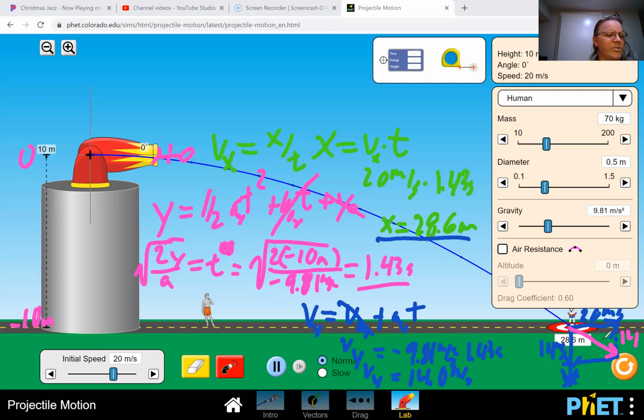All right, so the magnitude is 24.4. So this pink line, doing the Pythagorean theorem, that squared plus that squared, that is a velocity of 24. I'm just going to call it 24 meters per second. It is 24.4, but that's the speed upon hitting there.